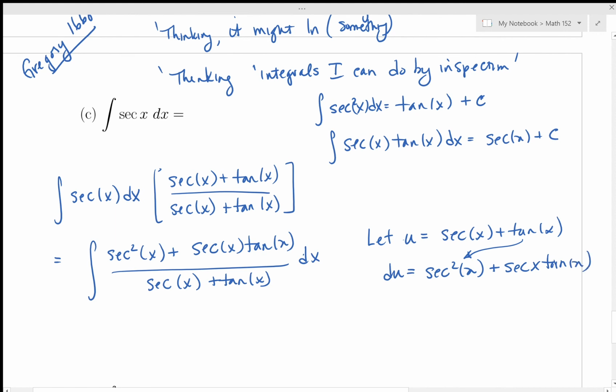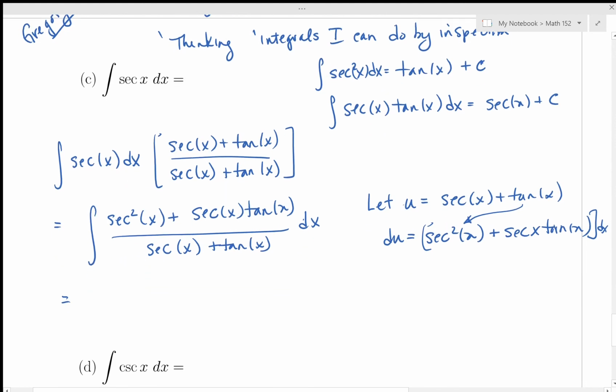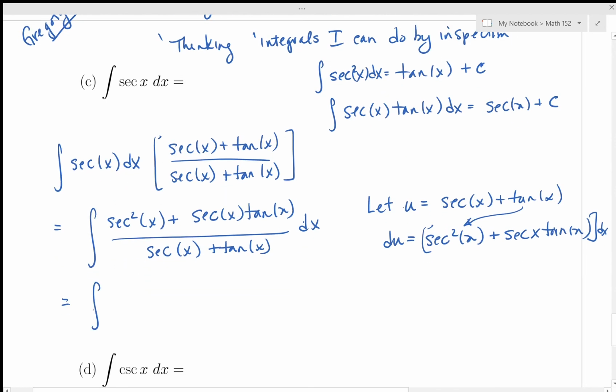And that allows a very easy substitution. Just as in the previous cases, this becomes the integral of du over u, which is the log of the absolute value of u plus c, and then I do the back substitution.